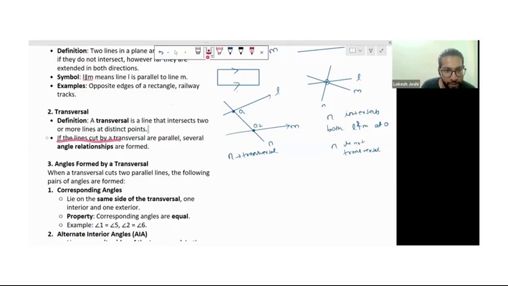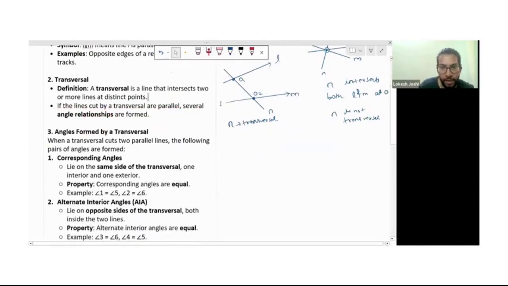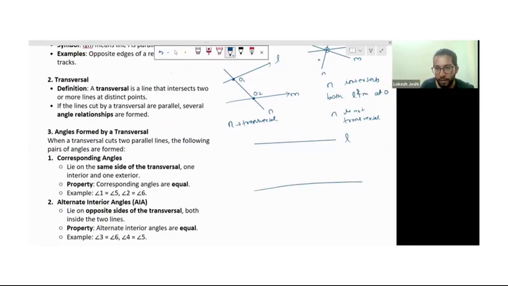So if the lines cut by a transversal are parallel, several angles are formed. Okay, now some special case. Suppose the two lines, first one is L and this one is M, and we say N is the transversal. Okay, N in this case is the transversal.